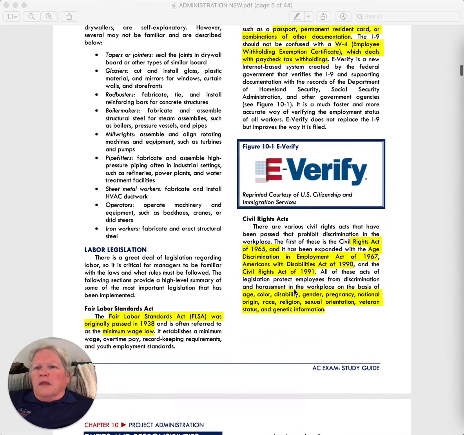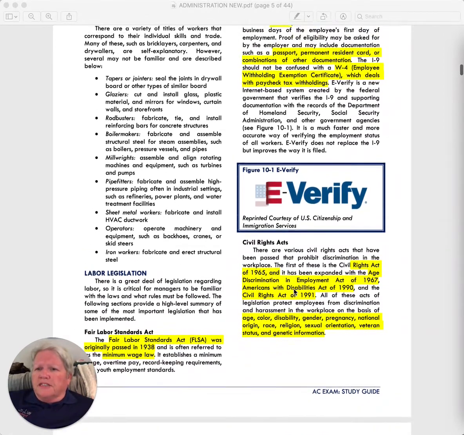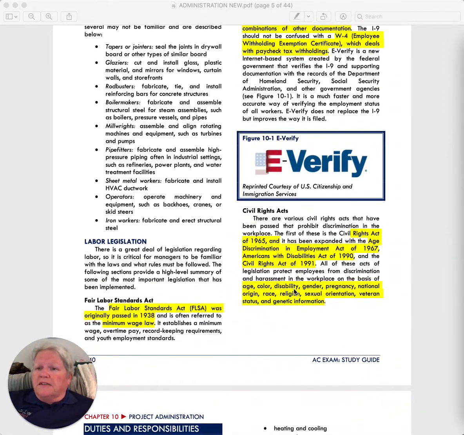So let's talk about some of these labor standards. The FLSA, Fair Labor Standards Act, was originally passed in 1938, and basically it's the minimum wage law. Some people also refer to this as the Davis-Bacon Act.